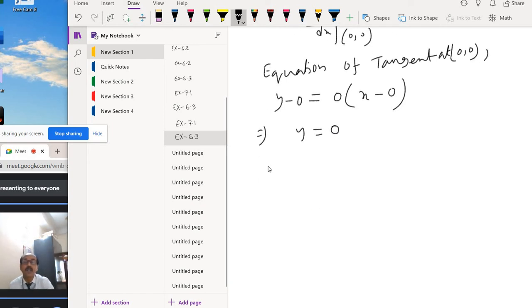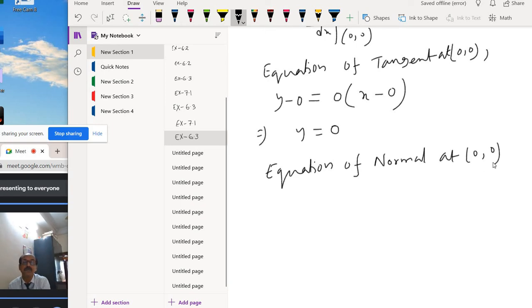Now equation of normal at 0 comma 0. So y minus 0 equal to minus 1 by slope, slope is 0.